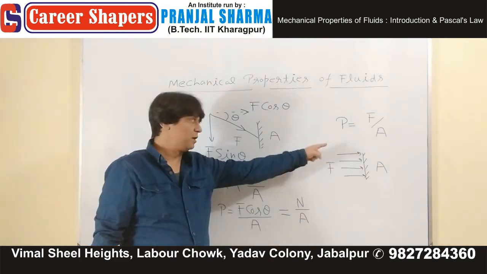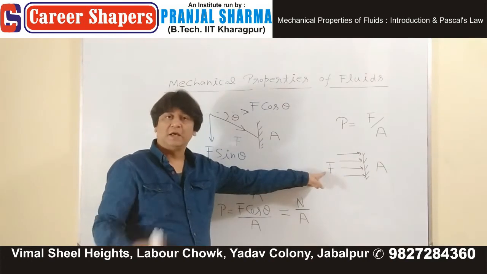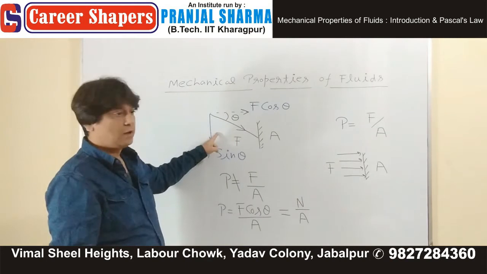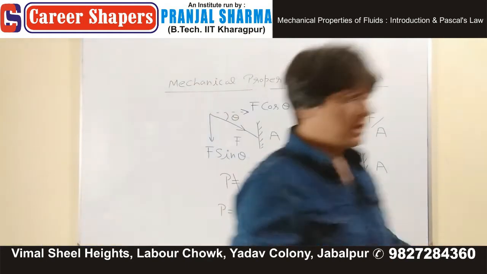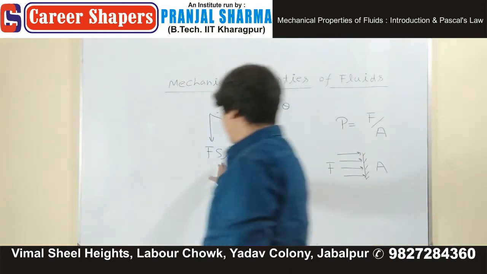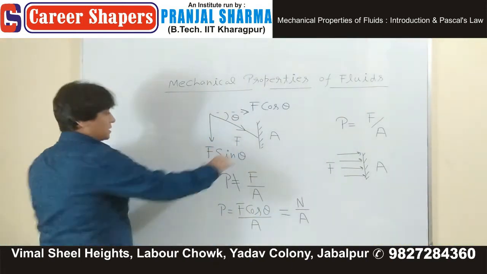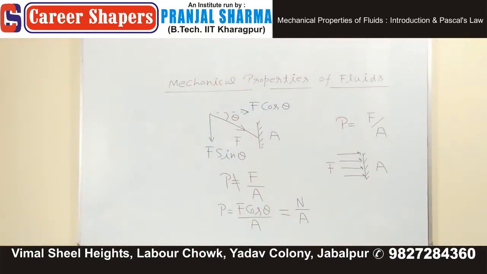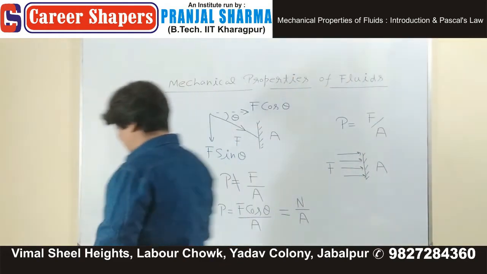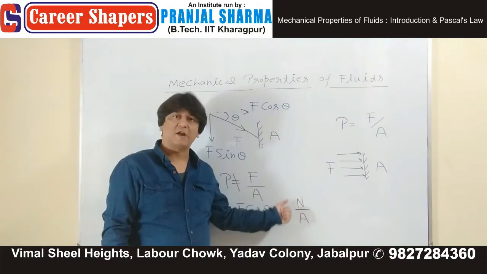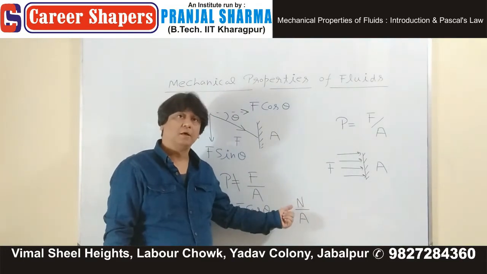In this figure, entire F is your normal reaction force. In this figure, F cos theta is the normal reaction force component. This F sin theta is not producing any normal reaction. Normal reaction is coming because of F cos theta component. So, it's better to remember pressure as normal reaction per unit area.